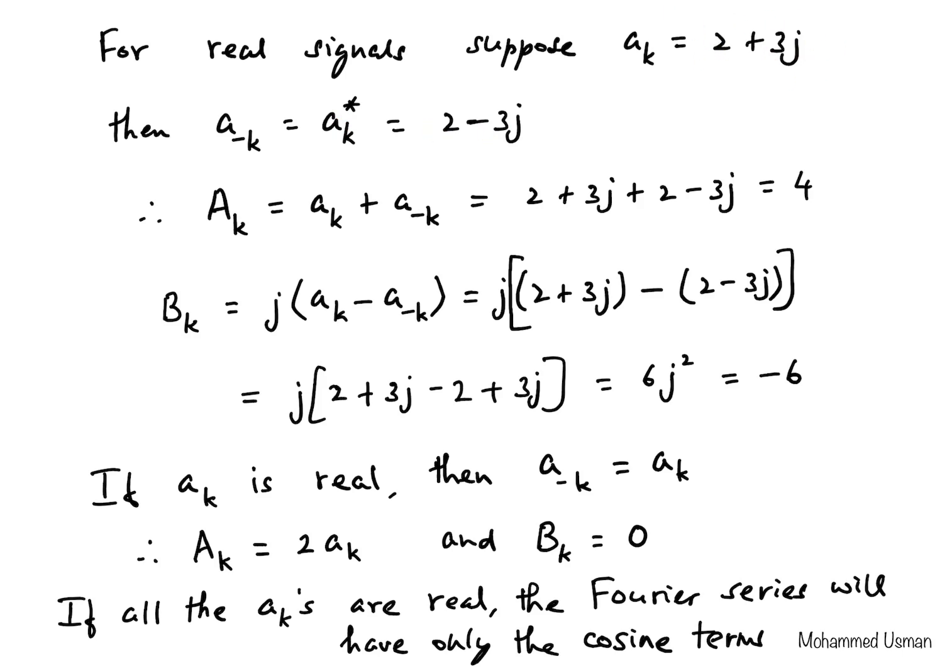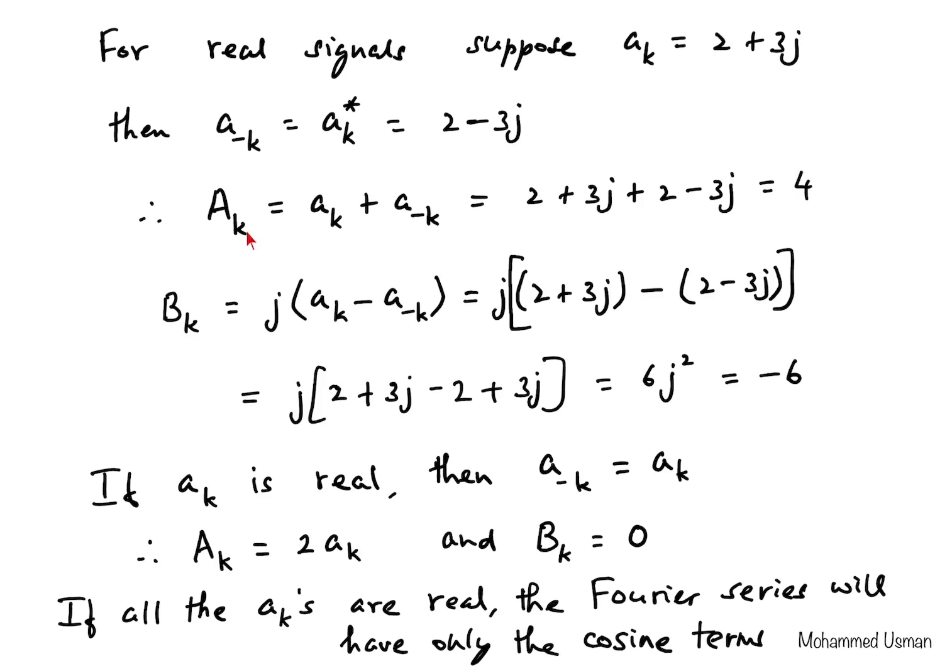The complex conjugate of this is 2 minus 3j, and therefore the value of capital AK in the sine cosine form of Fourier series, which is the sum of AK plus A minus K, and since we have A minus K as the complex conjugate of AK, once we compute AK, we can find what A minus K is and then add them together and we get a real number.